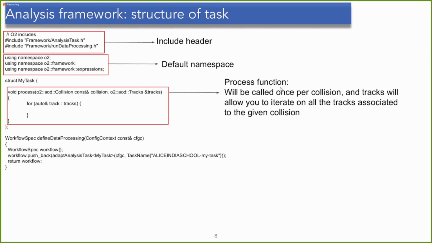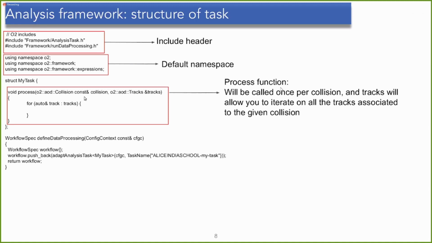Now let's see how one can do some basic analysis. In order to run your analysis over some event or track, you need this process function. You can see inside this process function, in this bracket, we have two objects: one is the collision, another is the tracks. And what are this collision and tracks? They are basically data tables where we store the information of the collision and the information of the tracks. I will come to it later.